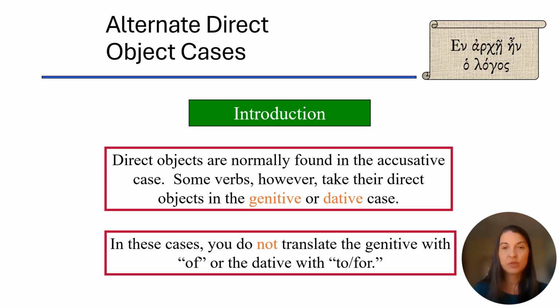So sometimes you'll find a phrase with a genitive or dative case noun, and that ends up being the direct object. So in these cases, you wouldn't translate the genitive with our traditional of or possessive sense, nor would you translate the dative with to or for.